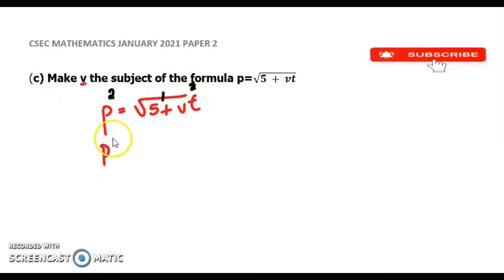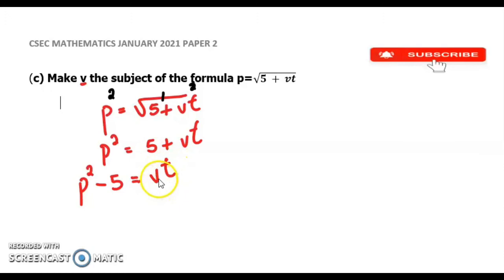So now we have p squared is equal to 5 plus vt. Now we're going to group our terms so that we have the vt by itself. So we're going to have p squared, and a negative 5 on the next side. So I have p squared minus 5 is equal to vt.